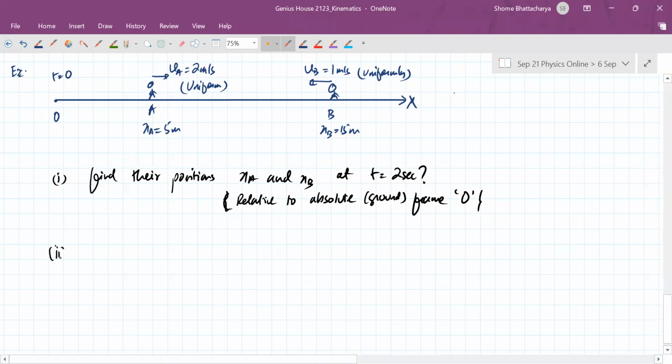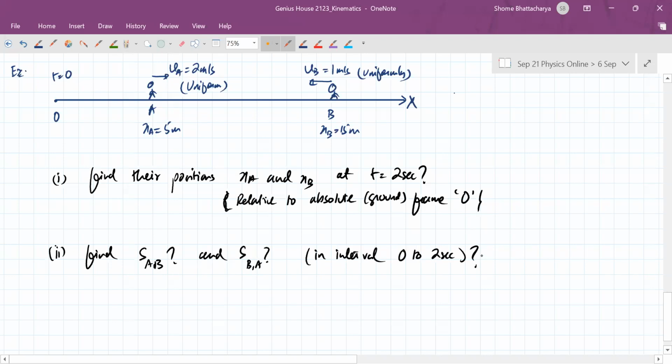And from that, find displacement of A with respect to B and displacement of B with respect to A in the interval 0 to 2 seconds.